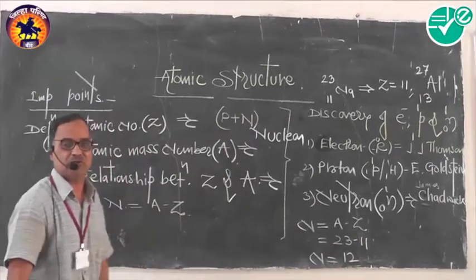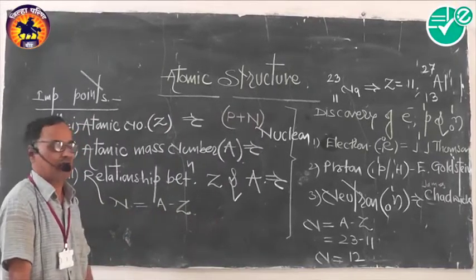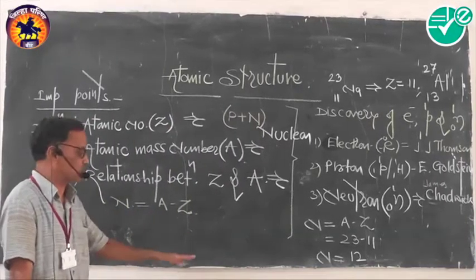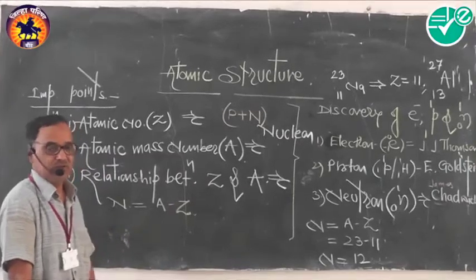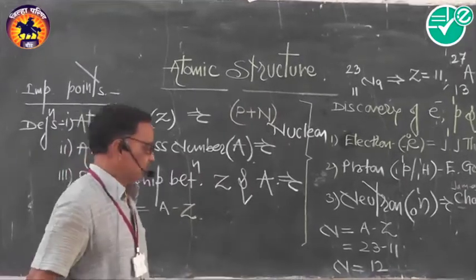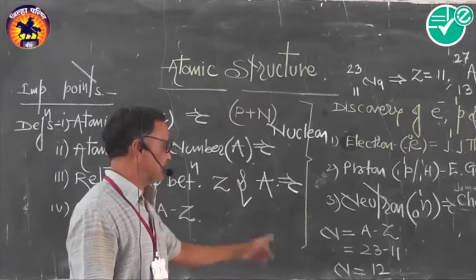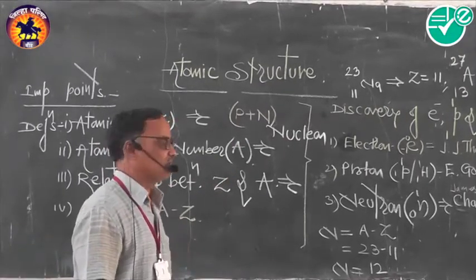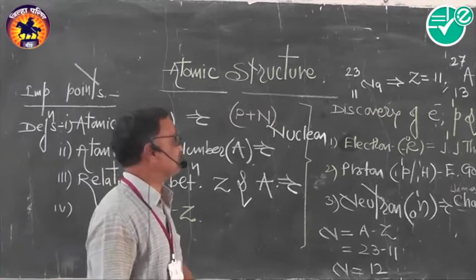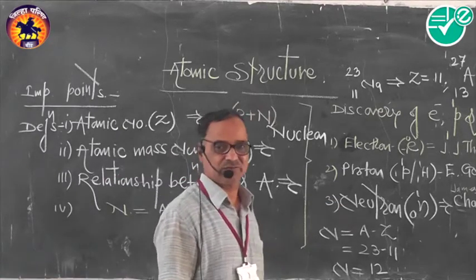This shows that the number of neutrons present in the nucleus of a sodium atom is 12. So the number of protons is 11 and the number of neutrons is 12.